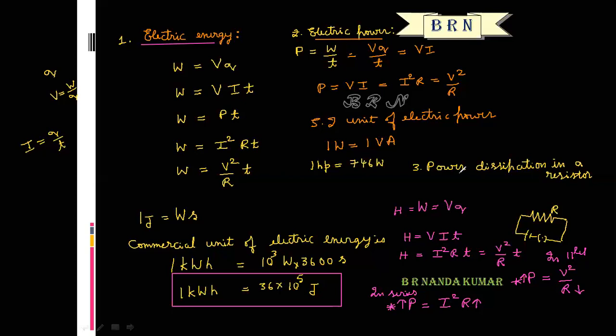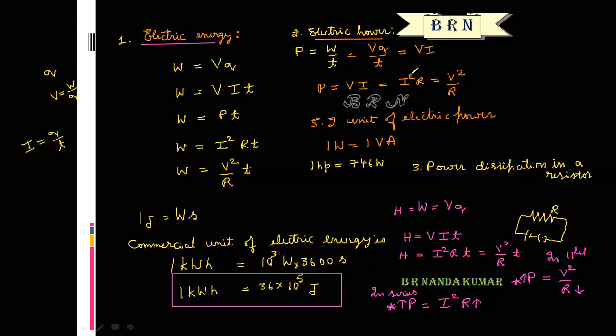What is the meaning of power dissipation in a resistor? Electrical energy spent per second. What is the meaning of electric energy? The total work done by the source of EMF in maintaining an electric current in the circuit for a given time.